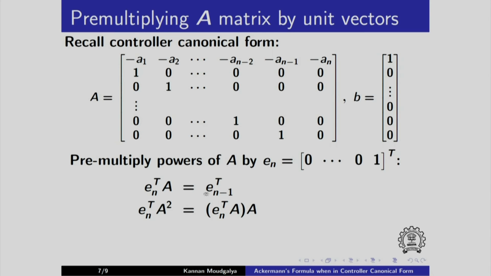That is nothing but En minus 1 transpose of A. Now En minus 1 transpose means it will pick the second last row. So as a result, that is nothing but En minus 2 transpose. By pre-multiplying powers of A by En transpose, we get rows of A, which themselves are unit vectors.